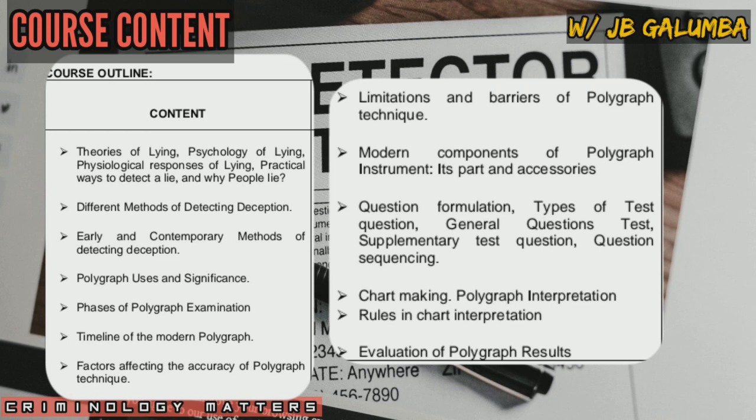So would you consider that already as a sign of guilt? Yes or no? It depends. Why? Because what really transpired during that specific part of the chart? Did he move because of the question that was asked to him?